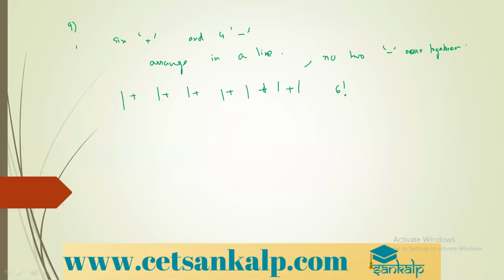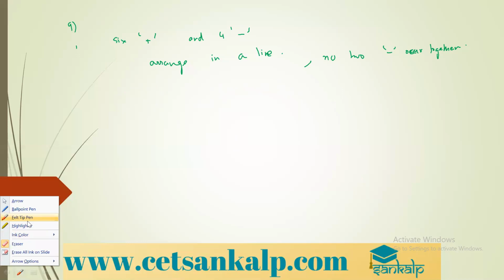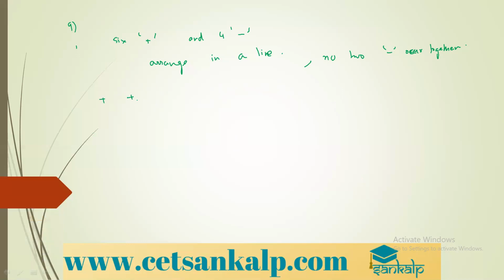But what is happening? These positive signs are all the same. No use of arranging them. Total I have 6 positive signs, 1, 2, 3, 4, 5, 6, all looking the same. No use of arranging them.